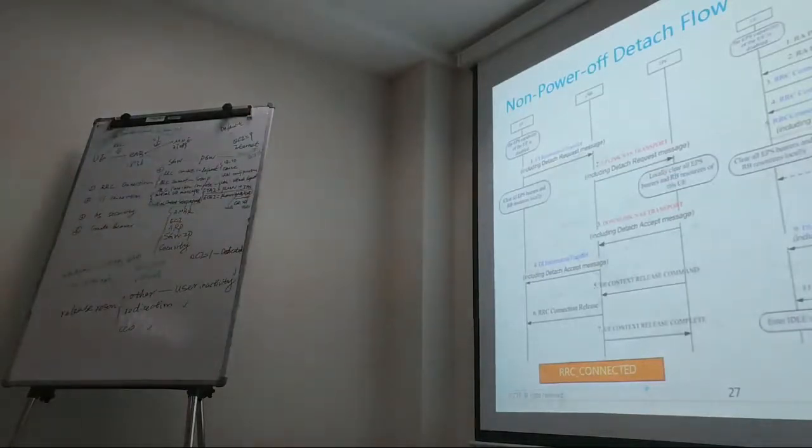When the eNodeB side receives the message, it will use the initial UE message to the EPC, because the eNodeB doesn't know what the NAS signaling is. But when the EPC side receives the detach request, it knows it doesn't need to create the bearer.